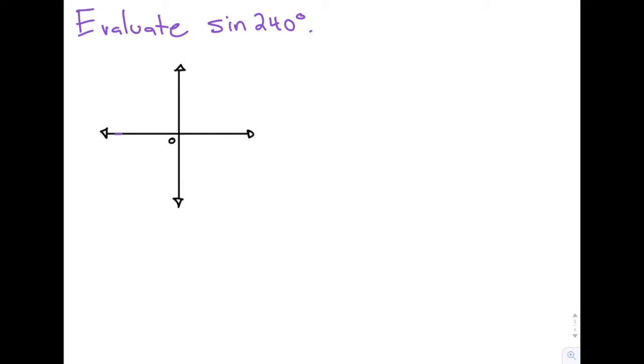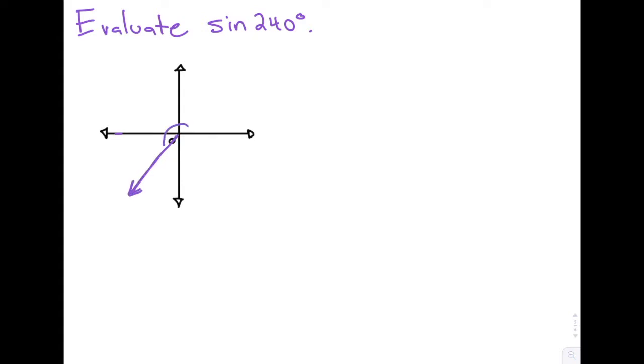Evaluate sine of 240 degrees. This angle has its terminal side in quadrant 3 because 240 is greater than 180, which would be the negative x-axis, and less than 270, which would be the negative half of the y-axis. So that lands us right here.